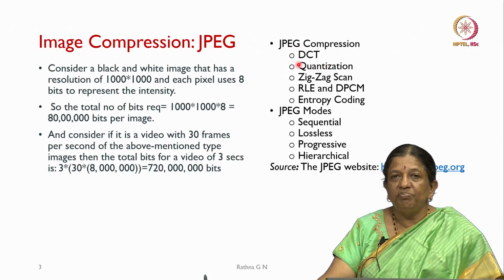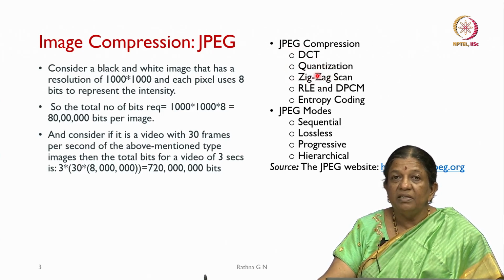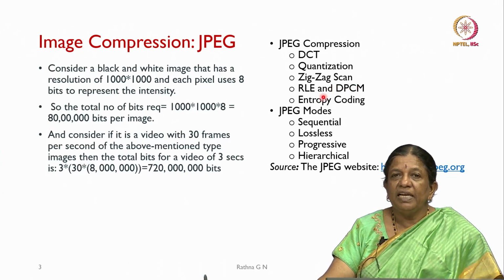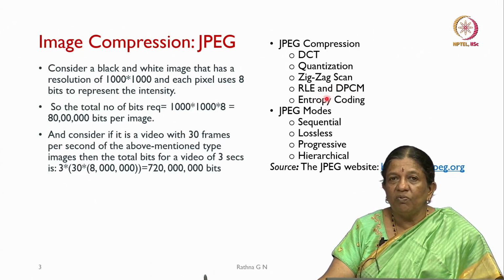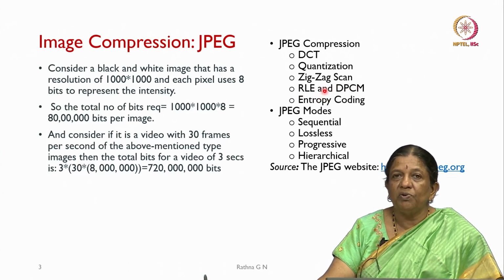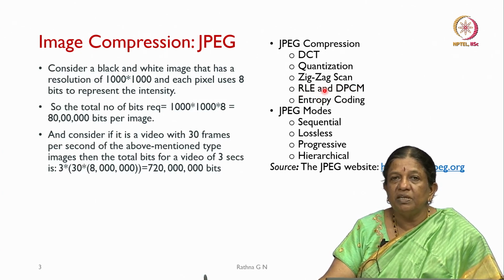Then the result is quantized and zigzag scanned, then run length encoding and DPCM, differential pulse code modulation, can be used. Later we use entropy coding, and then we transmit it.